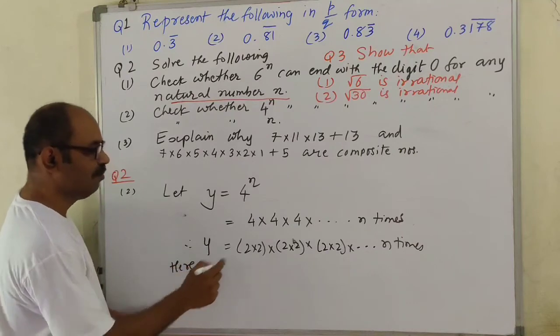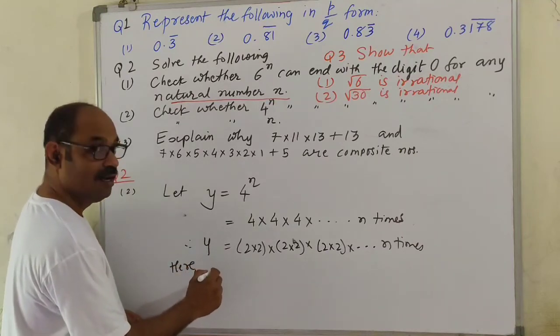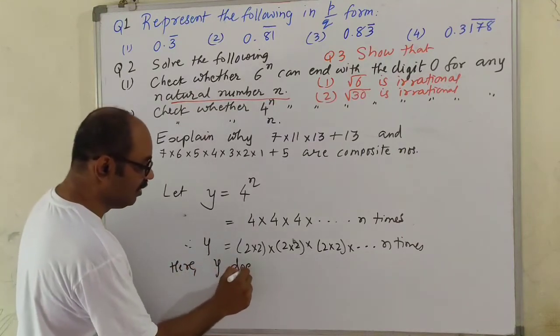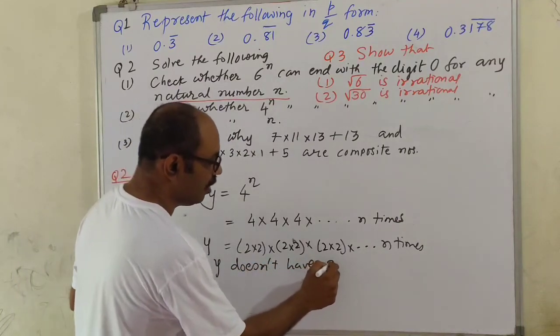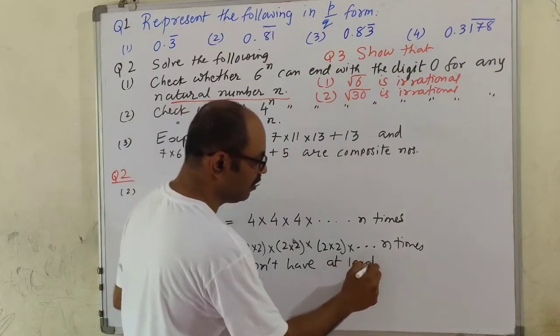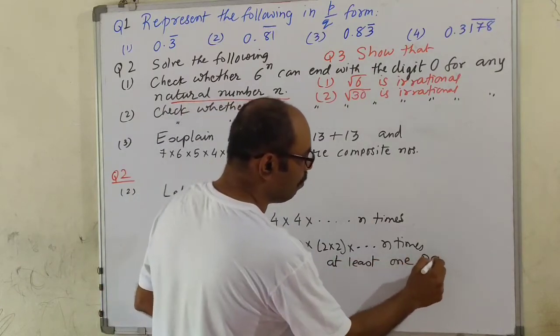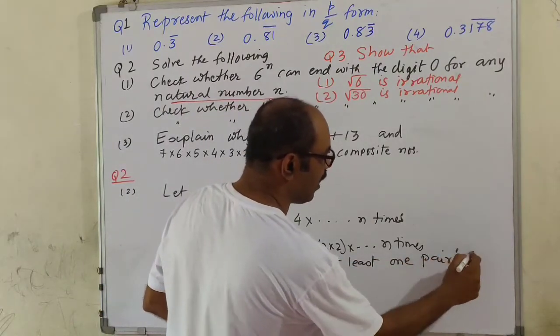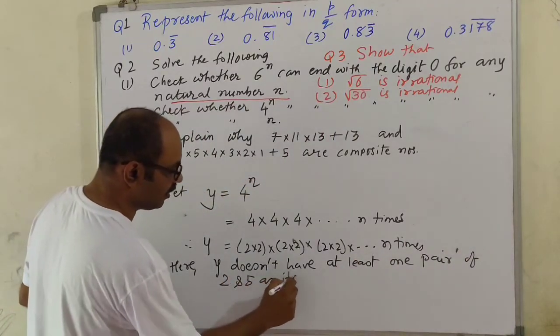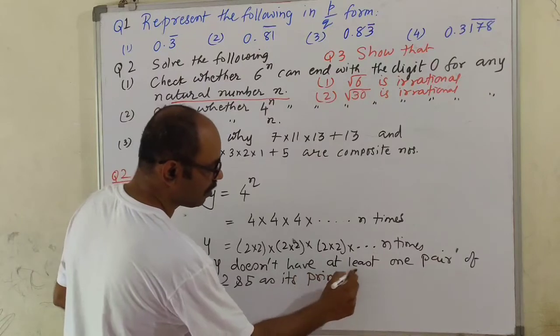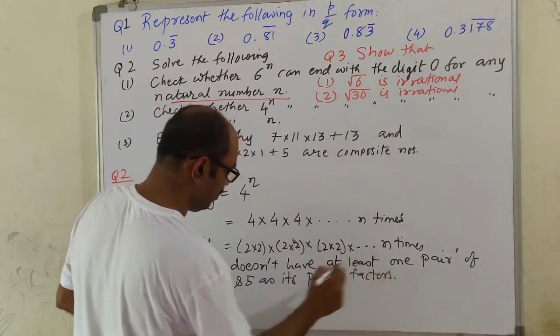So same way, therefore y is equal to, here, बोलिए, y doesn't have at least one pair of 2 and 5 as its prime factors.